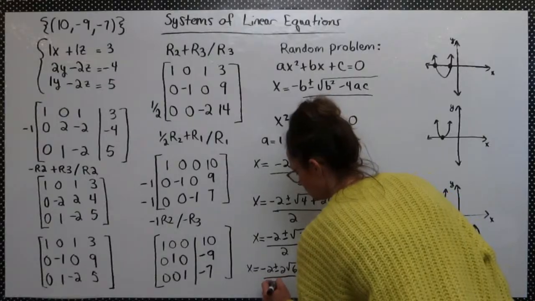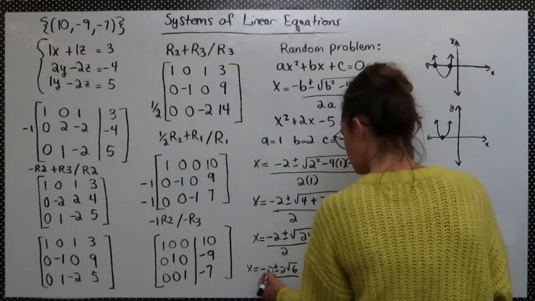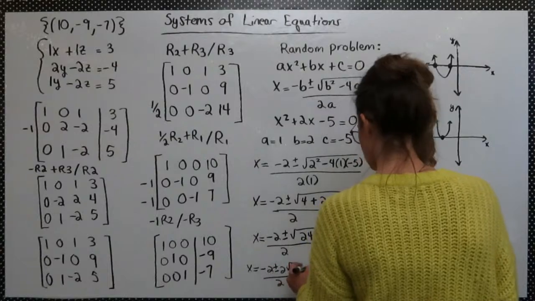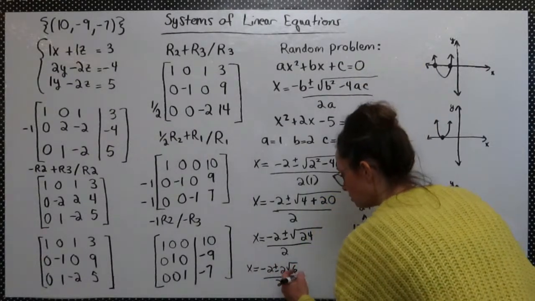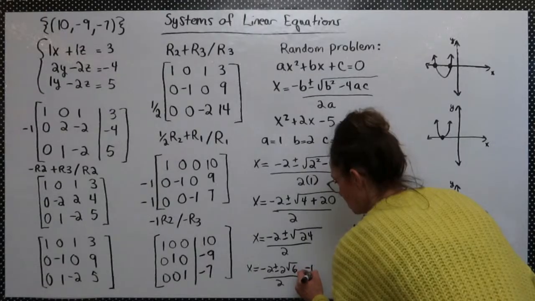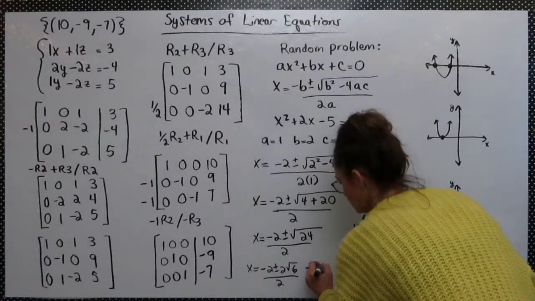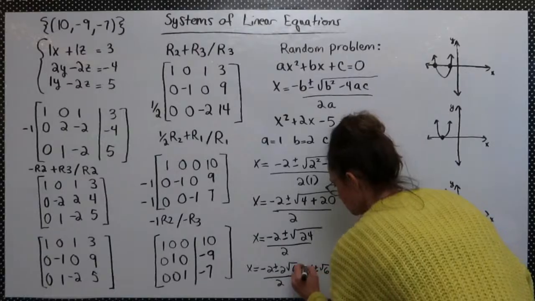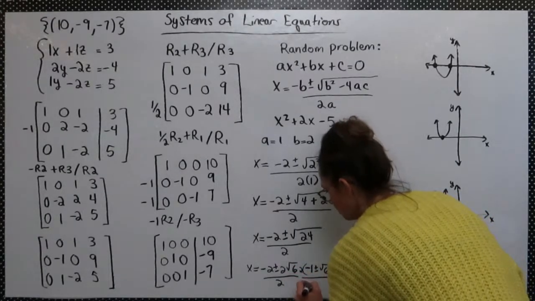And that's over 2. And then we're going to simplify this by pulling out 2 from every term. So this becomes -1 plus or minus radical 6, times 2 over 2.